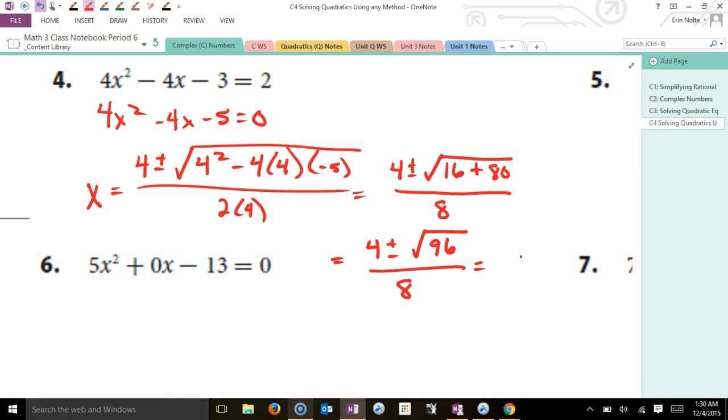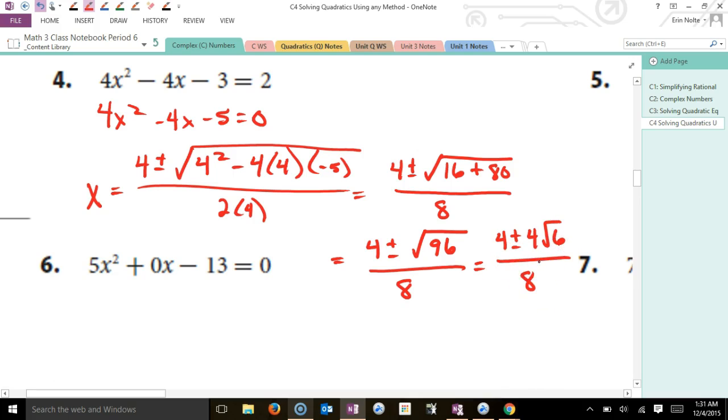Good. Okay, so can we do this mentally? If 16 times 6 is 96, what's the square root of 96? No? So 16 times 6. So what's the square root of 16? 4. So 4 square root of 6, right? 4 square root of 6. Everybody follow that?